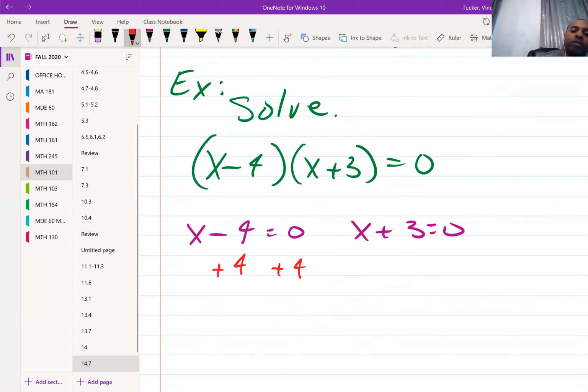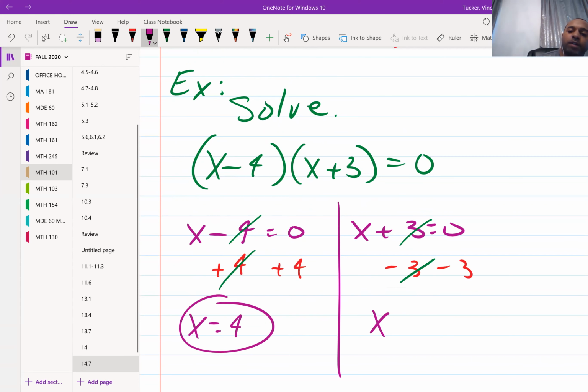So we'll add 4 to both sides. Here, subtract 3 from both sides. The solution is 4 and negative 3, so we get 2 solutions. And that's how you would solve using the zero product rule.